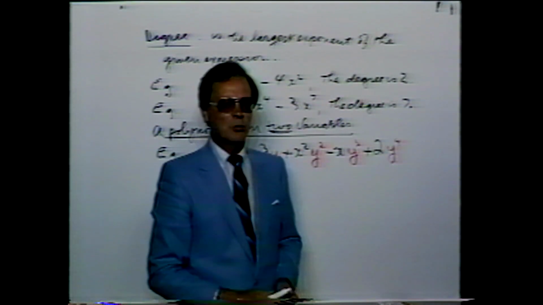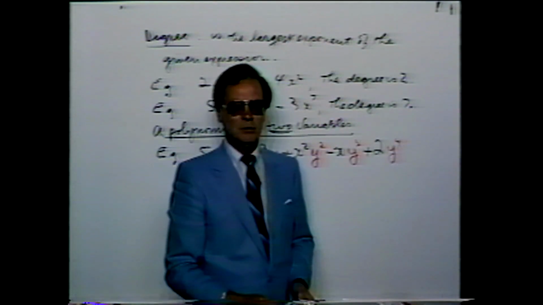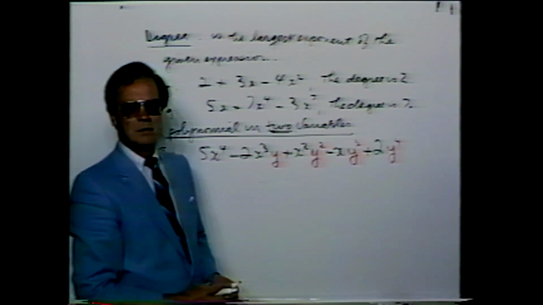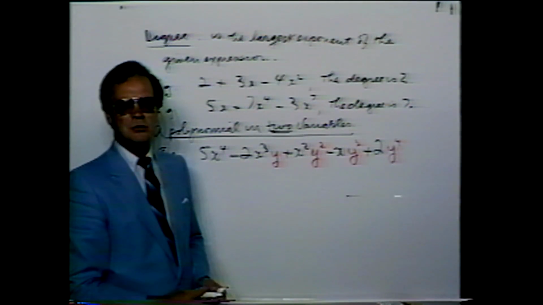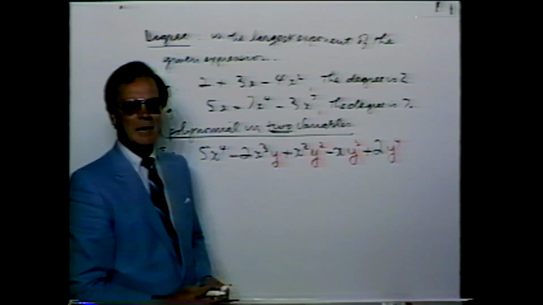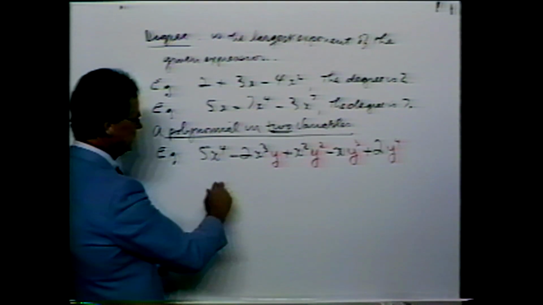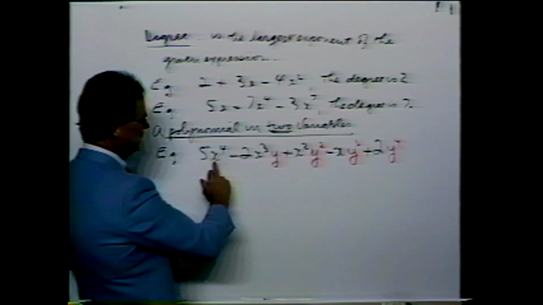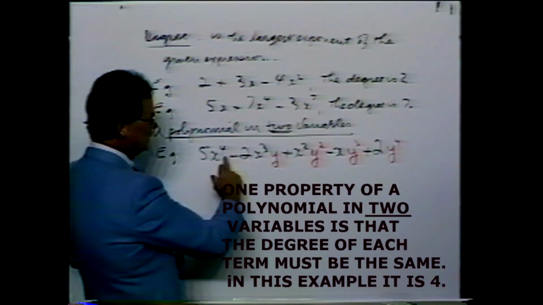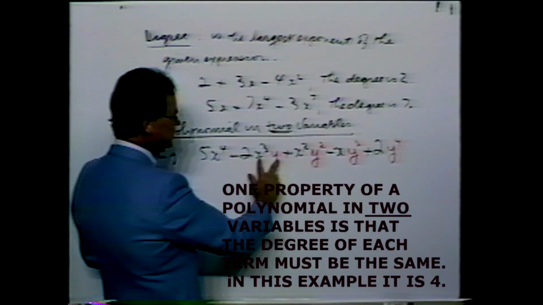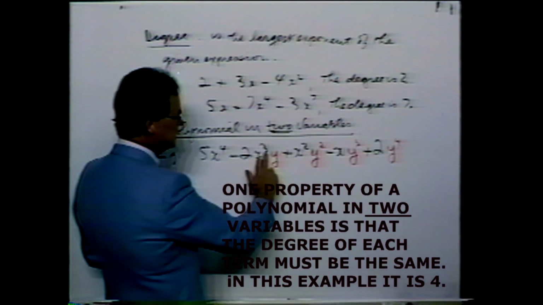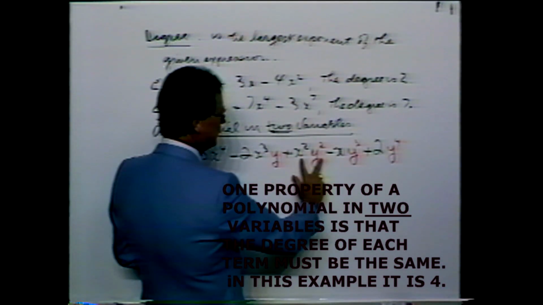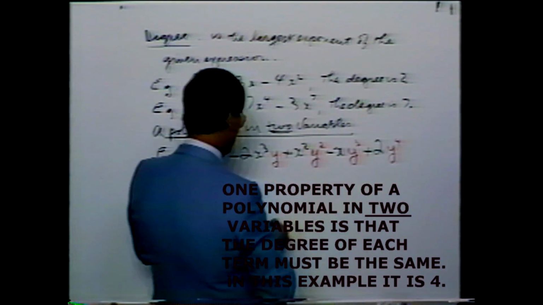One other noticeable property of a polynomial in two variables is that its degree is the sum of the exponents of the variables within a given term, and that each term has the same degree. The degree of this term is 4. The degree of this one, which is the next term, is the sum of 3 and 1, and that's 4. Similarly, the degree of this term is 4, and so on.